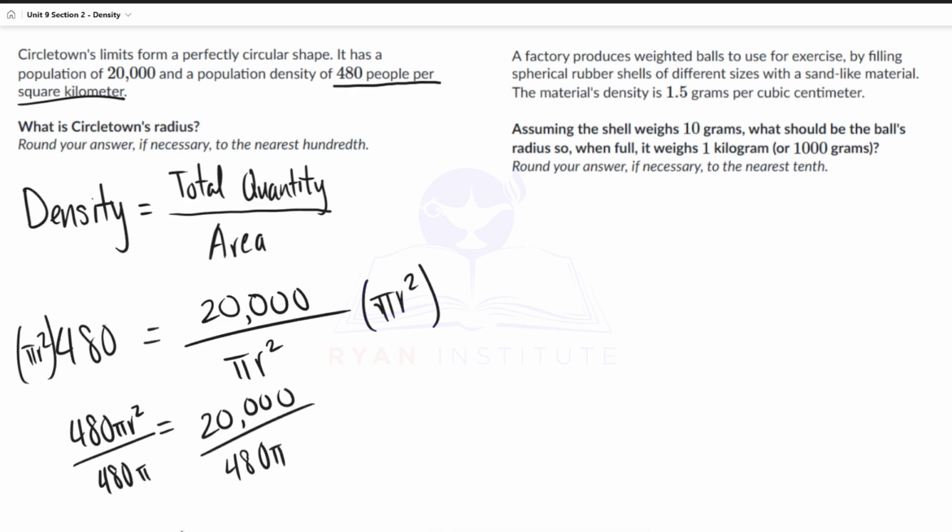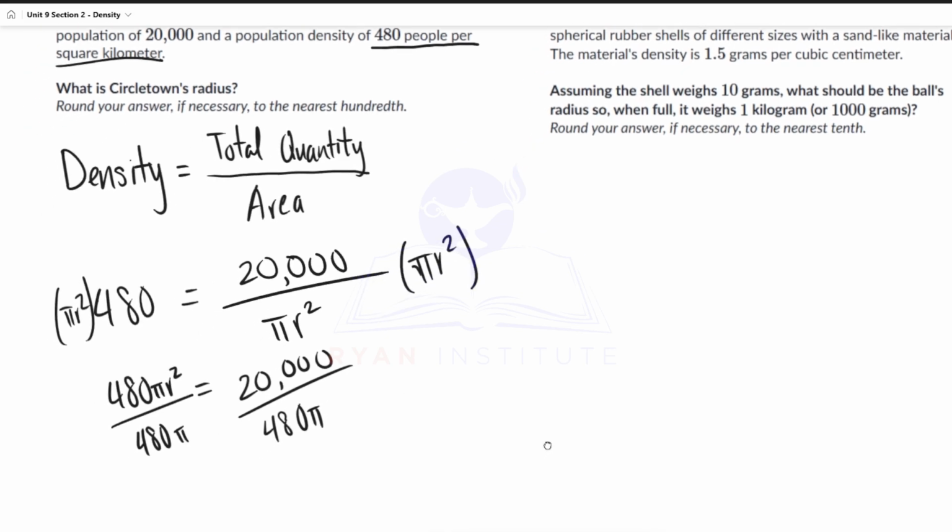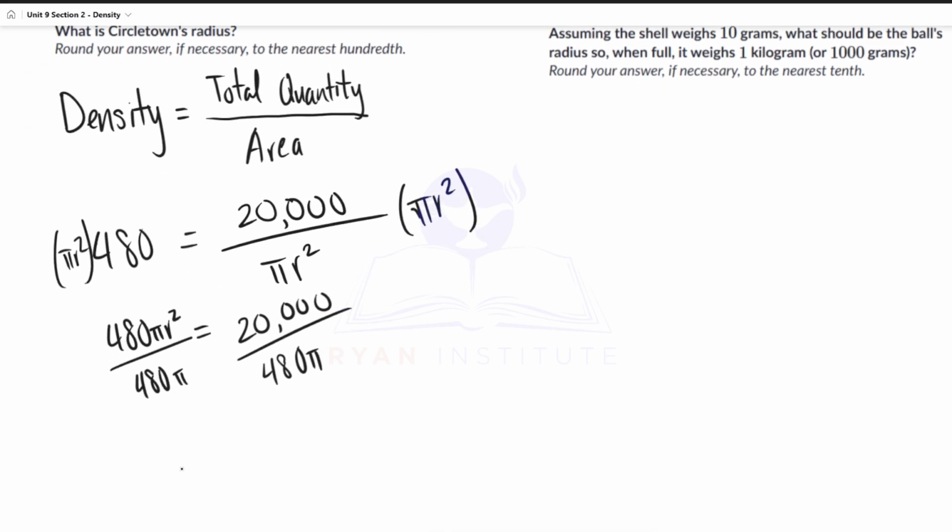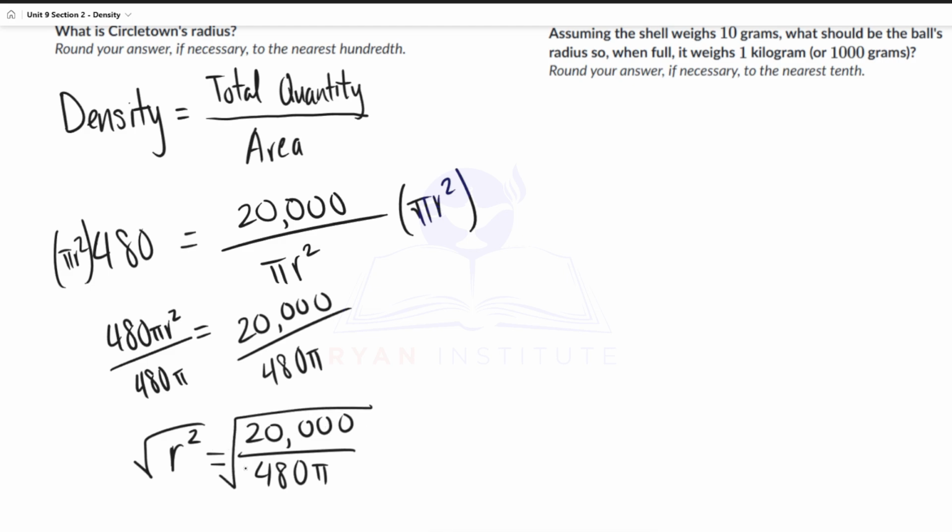That leaves us with r squared equal to 20,000 over 480 pi. We take the square root of both. That gives us r equal to roughly 3.64. So the radius of that circle is roughly 3.64 kilometers.